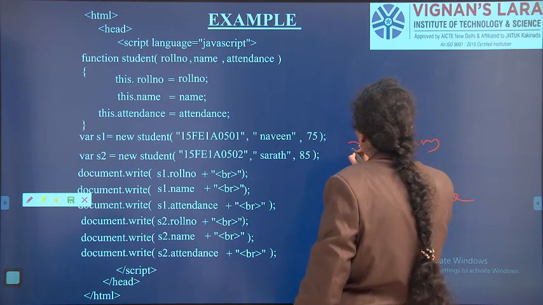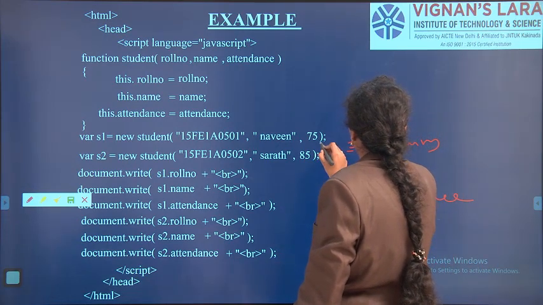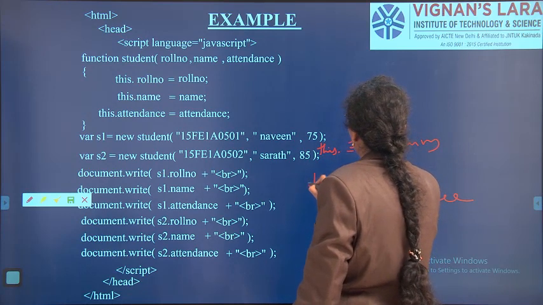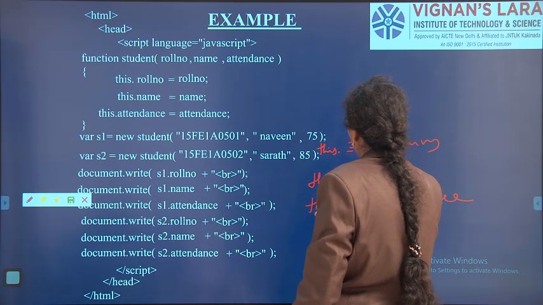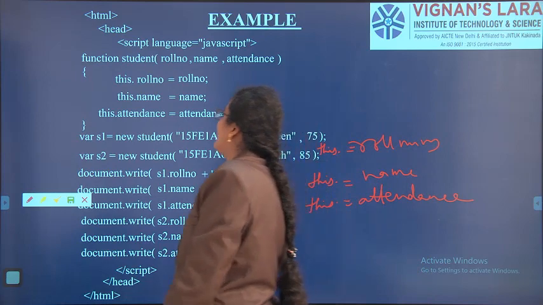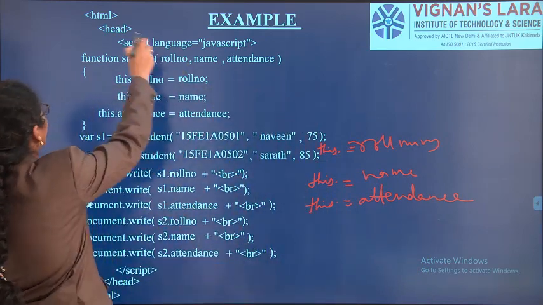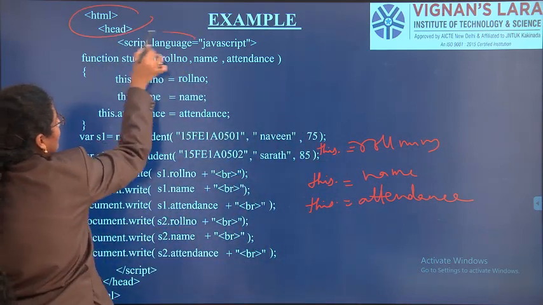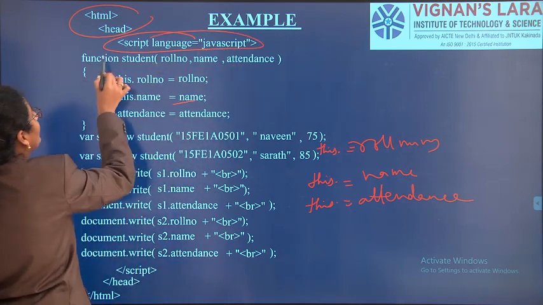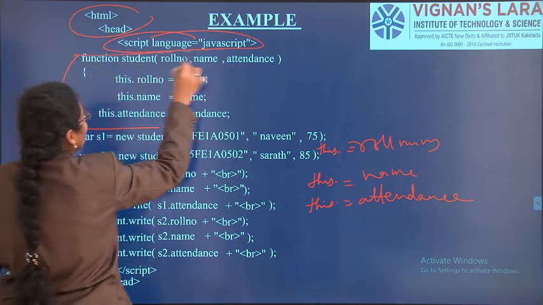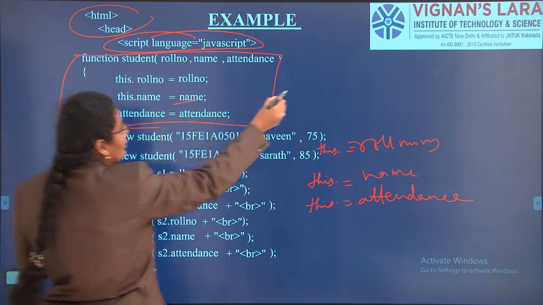So for everything I have declared with constructor. It is a simple HTML program, you all know. The language is JavaScript, you know. This is function syntax. You know function syntax also.